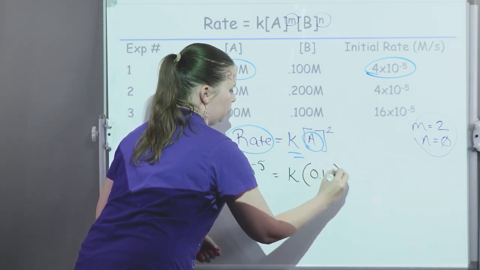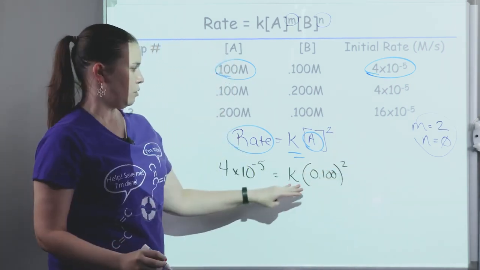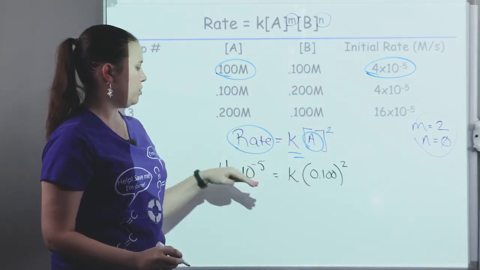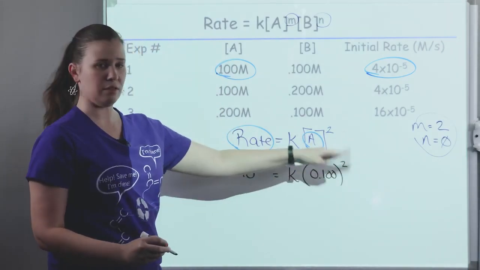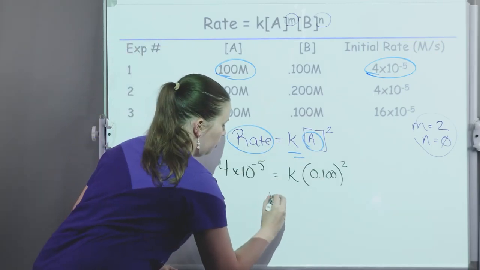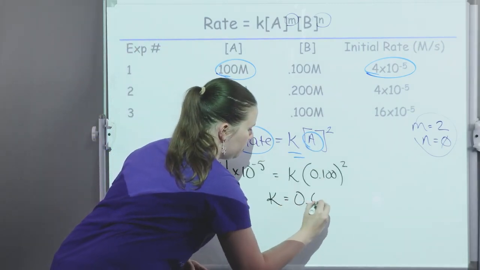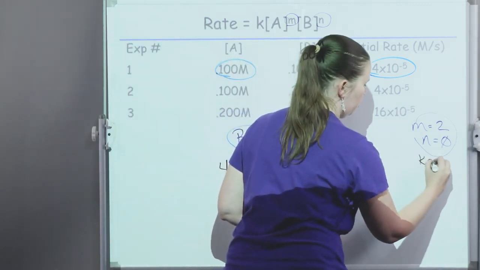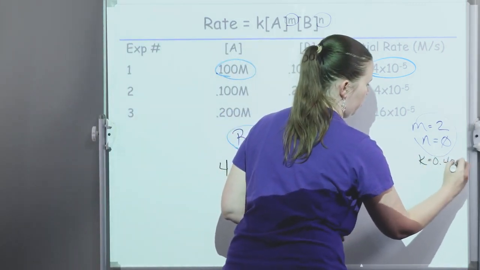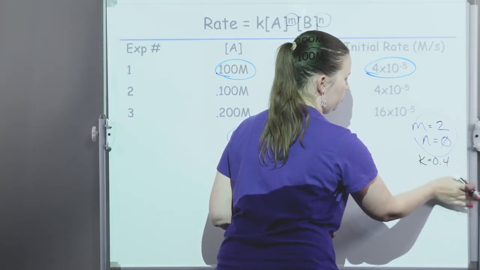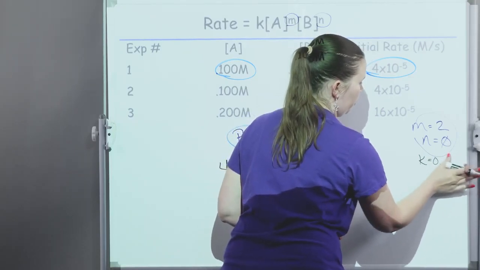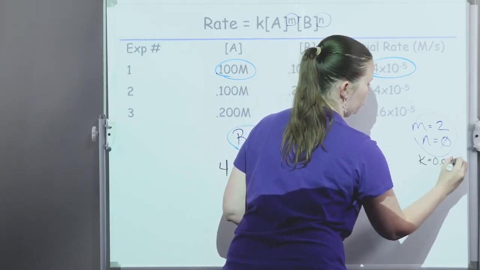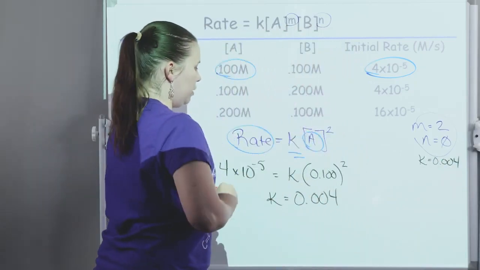I'm going to square that. So what is K when you take your 4 times 10 to the negative fifth and divide by 0.1 squared? That will give you a K of 0.004. I'm going to add that to my notes over here. Oops, I'm adding it in the wrong place. Actually, I flipped that whole number. 0.004.